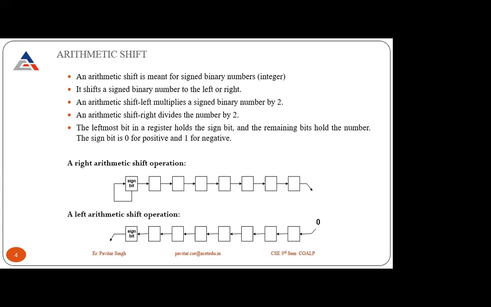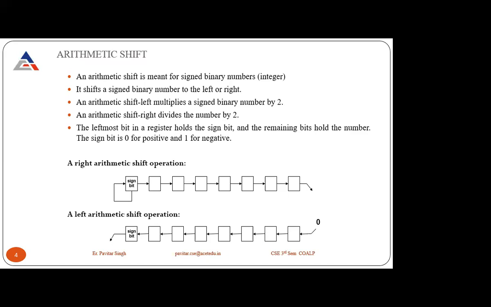After the ASHL, this 0 will be inserted into this position. So your 5-bit register will change: a 0 is inserted at this position, the 0 moves to this position, then you have 1, then 0, then 1, right? And this leading 0 will be lost.